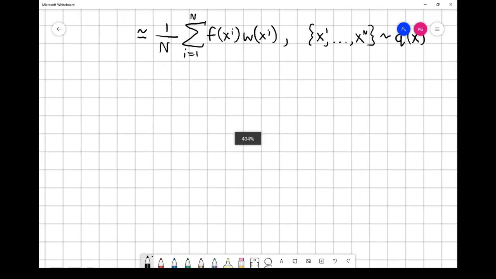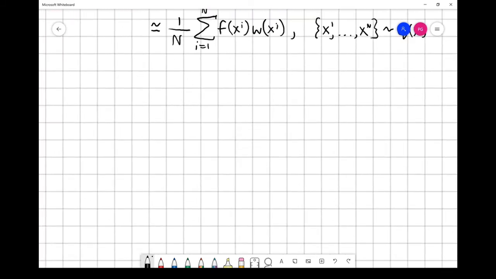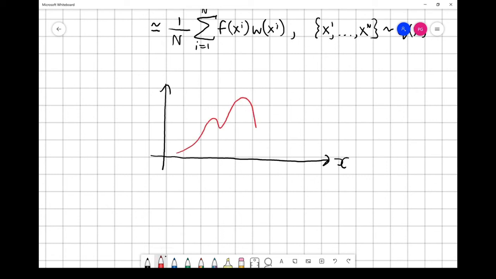So if we have a one-dimensional example, let's say this is x, and our target distribution is something a bit weird. So that is pi.